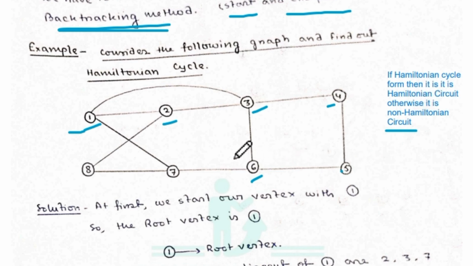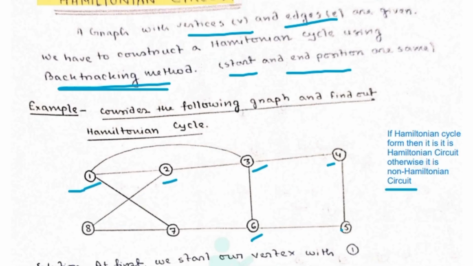Okay. So let's take an example. This is a graph given. There are 8 vertices: 1, 2, 3, 4, 5, 6, 7 and 8. So we have to traverse all vertices once, in a non-repetitive manner, starting from one vertex and ending at the same vertex.